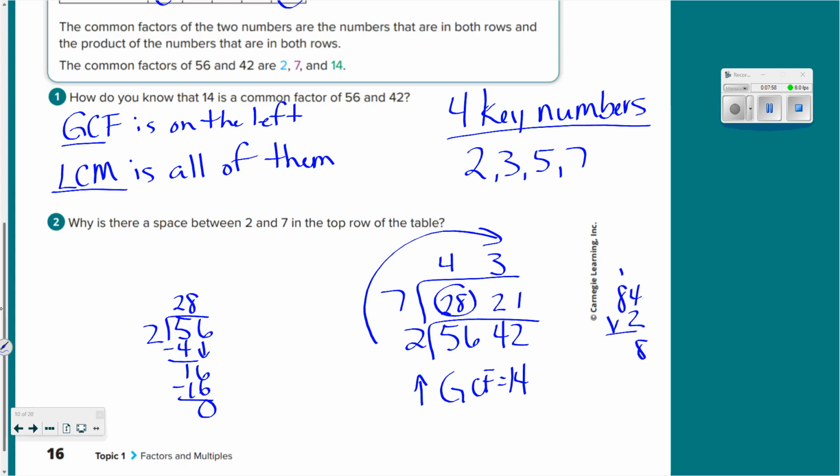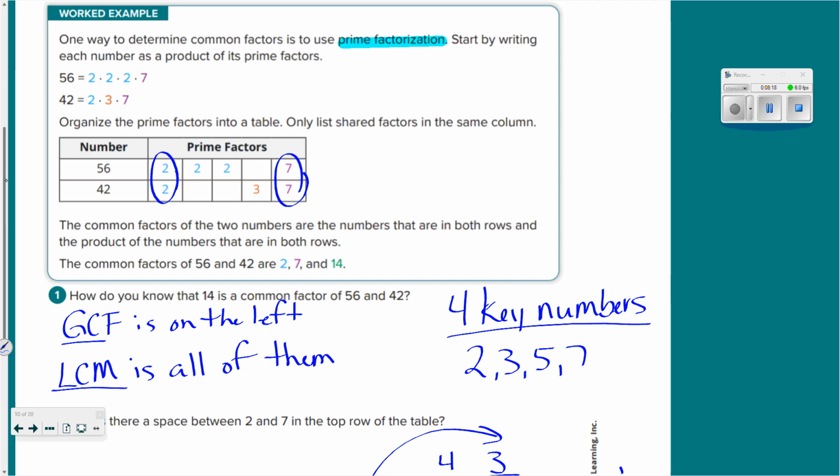Does that make sense? So you do have options though. Now I want to make sure I point this out. You can do a factor tree, find all the prime factors for both of the numbers. You can then list them out in a table. You can make sure which ones they both have and realize that if they have more than one in common, you need to multiply all of those together in order to find the LCM.